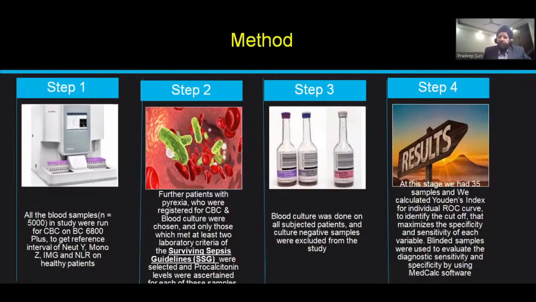We did the blood culture for all the subject patients. The culture negative subjects were excluded from the scope of the study. At this stage, we calculated the Youden index for each of these individual parameters, and we tried to maximize the ROC cutoff to get the diagnostic sensitivity and specificity using the MedCalc software.